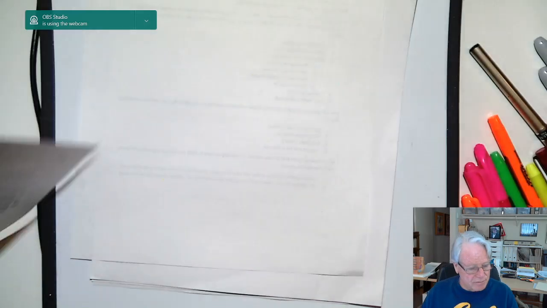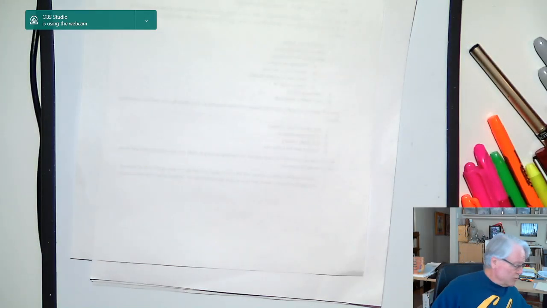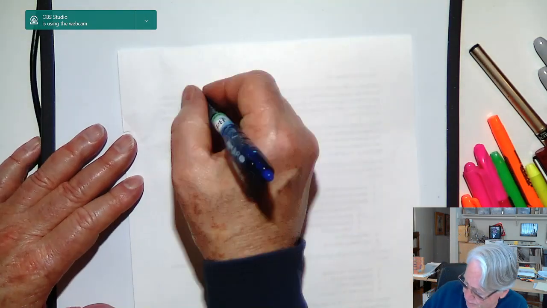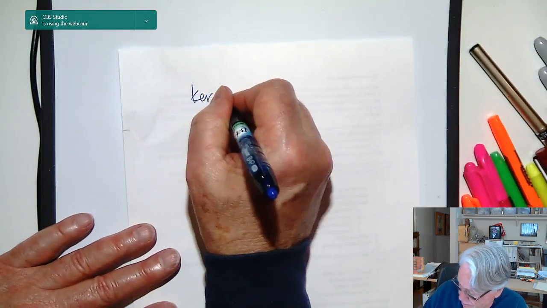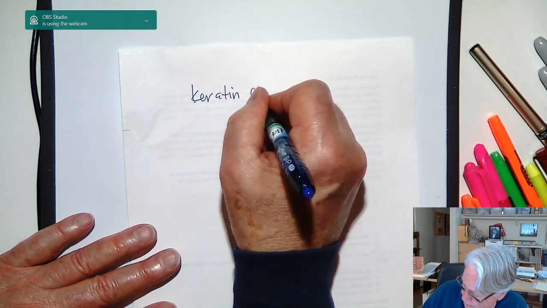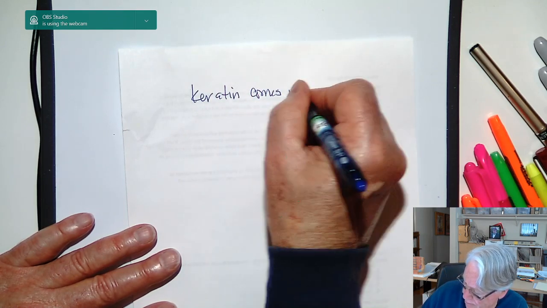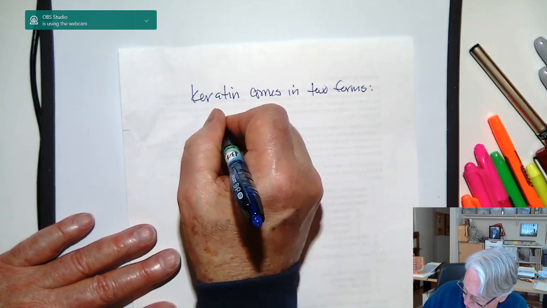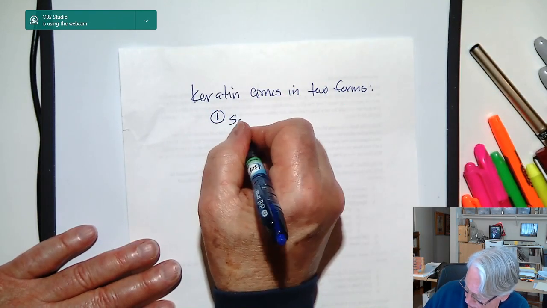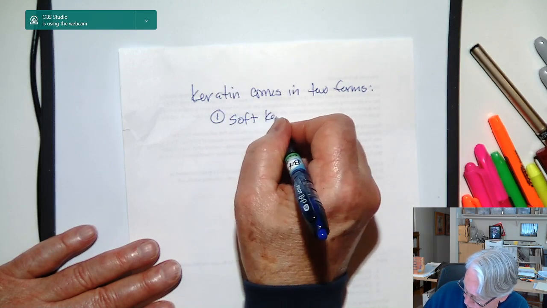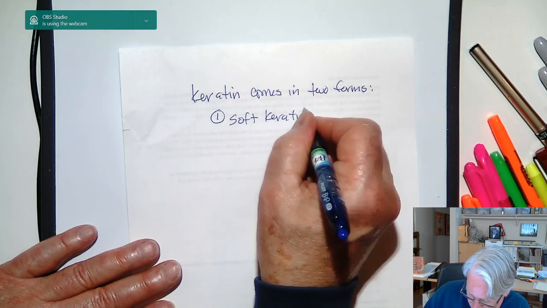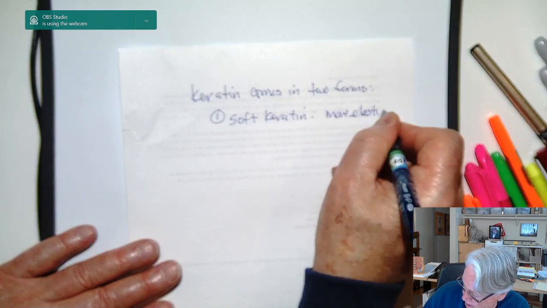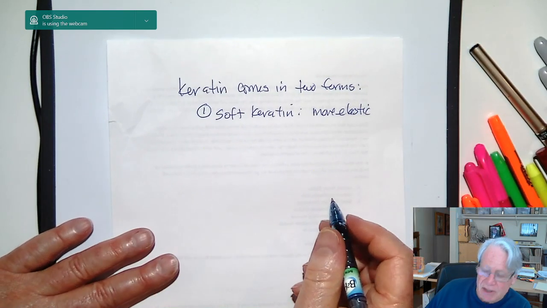Now, keratin, that protein we've been talking about, comes in two forms. Number one, soft keratin. And this is more elastic. And that's the type that's found in the skin.